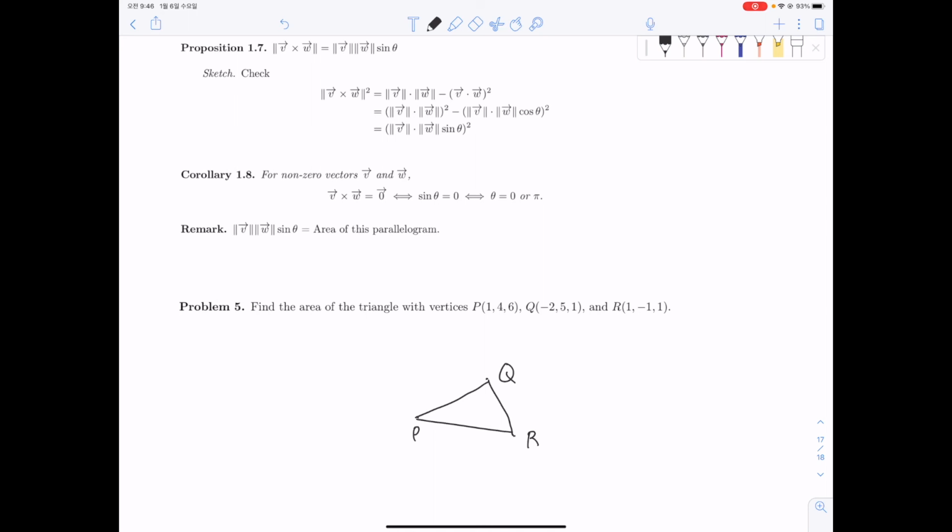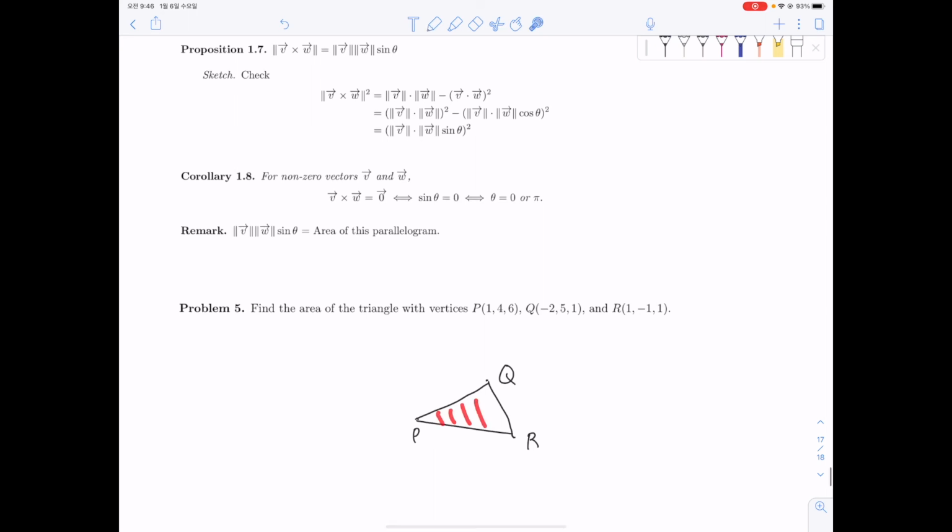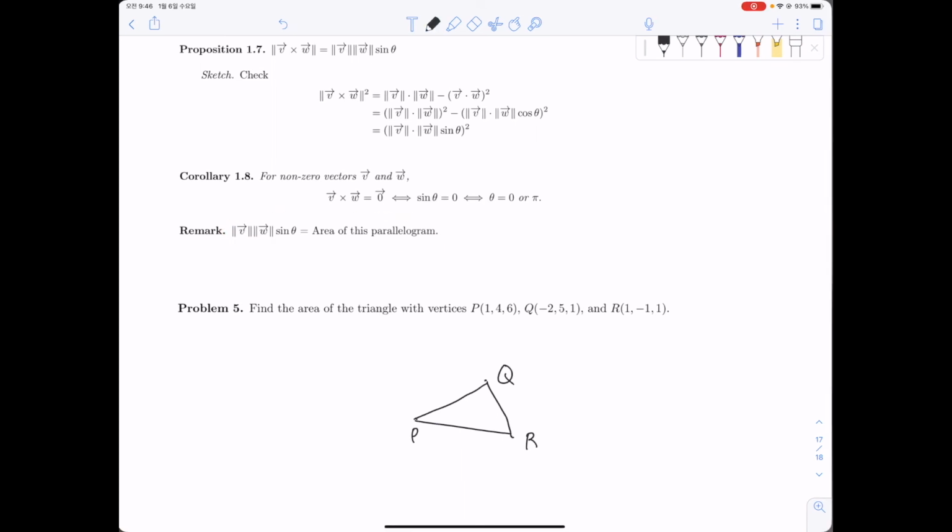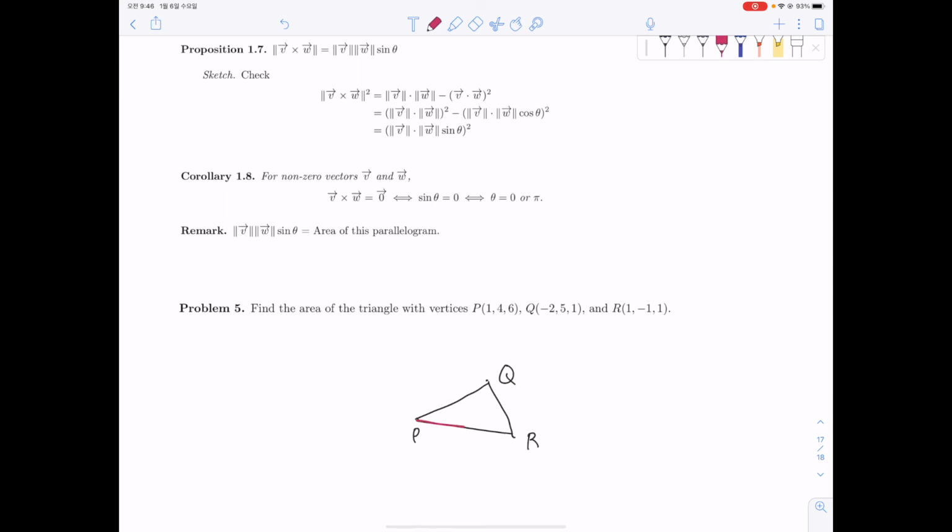And if we want to find the area here, then you can use this property. If we find the U and V, like the previous problem 4, we check the vector U and V here.